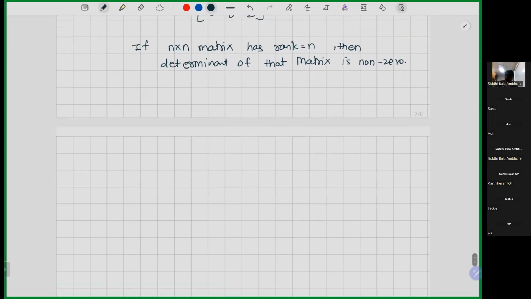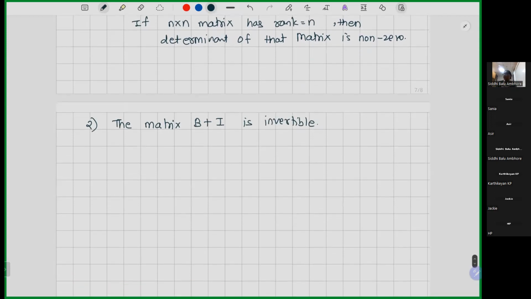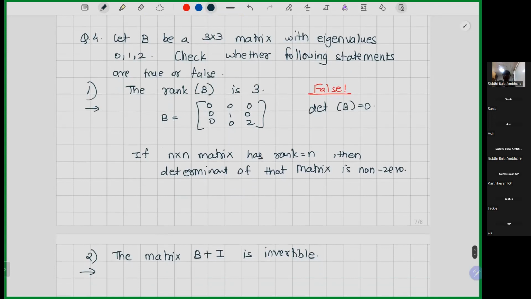Okay, now second question is the matrix B plus I is invertible. Now this B is any given matrix.